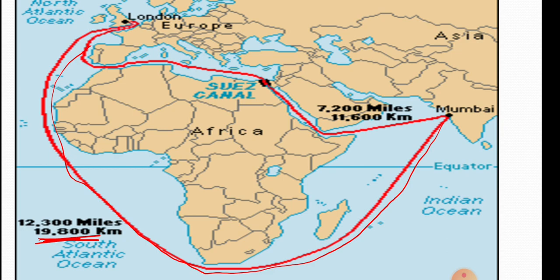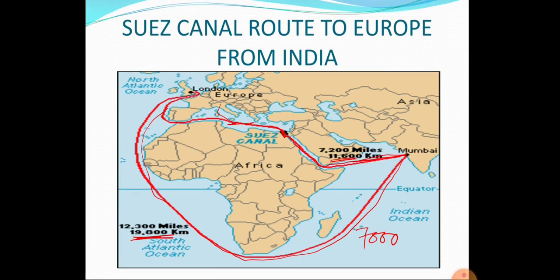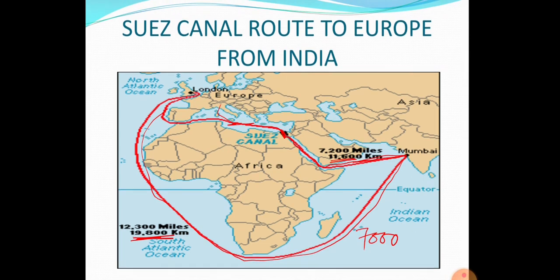But after opening of Suez Canal, the distance between India, you can see from Mumbai, Gulf of Aden, and then Suez Canal near Egypt, and you enter the Mediterranean Sea and you can go to Europe. So this has reduced to 11,600 kilometers. So around 7,000 kilometers were reduced because of the opening of the Suez Canal. So that is also one added benefit to us.